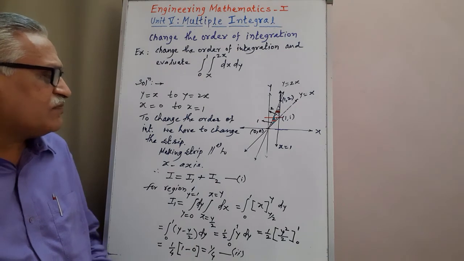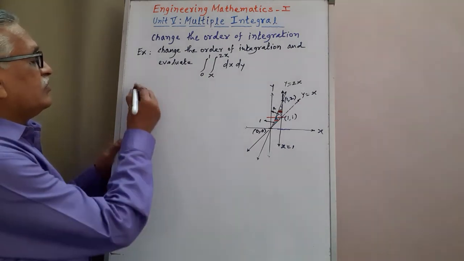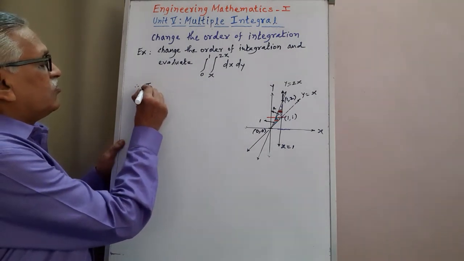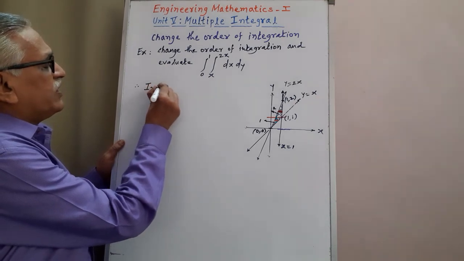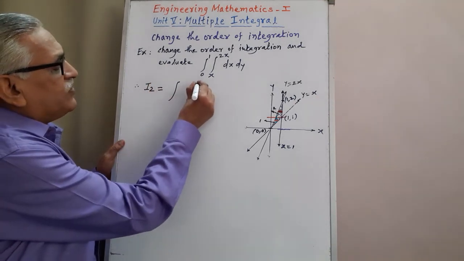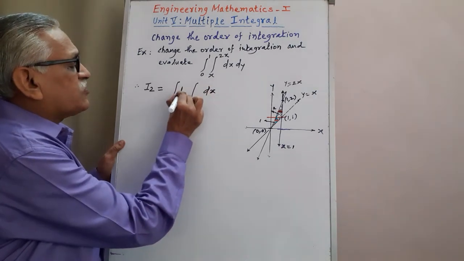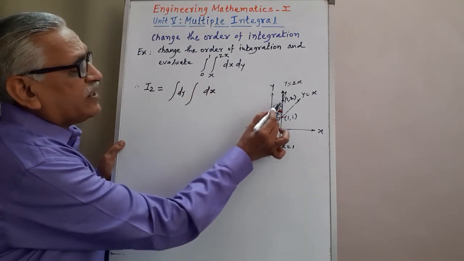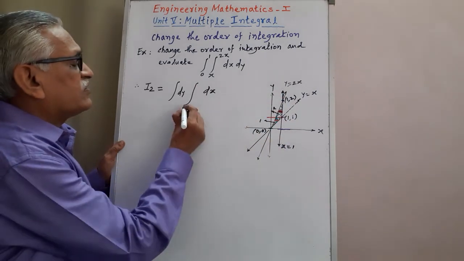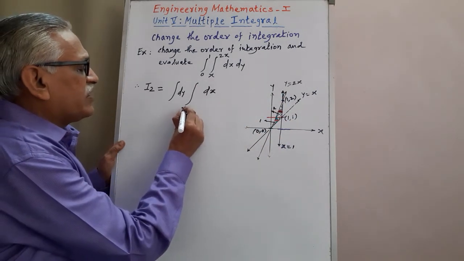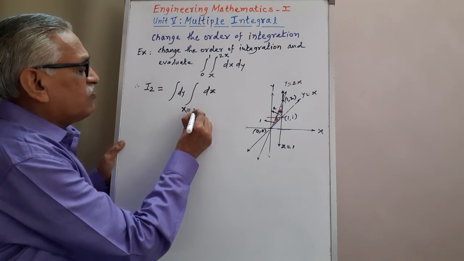Then we try to perform for region 2. Over region 2, we get I2. Again, first integrating with respect to x and then with respect to y. Lower end lies on the line y equal to 2x, means we get x is equal to y by 2.